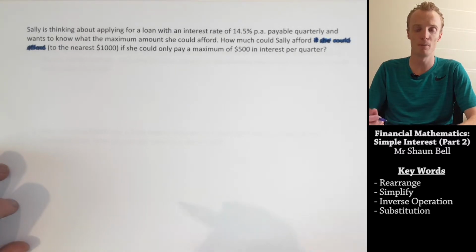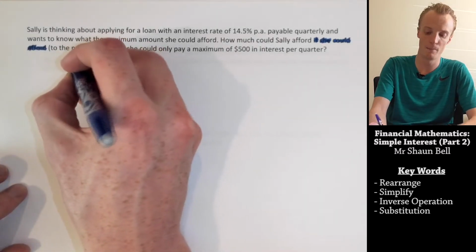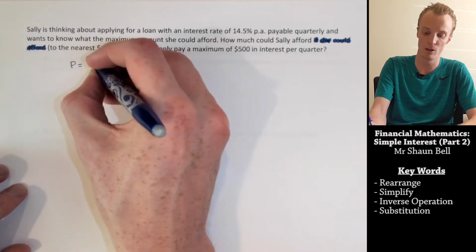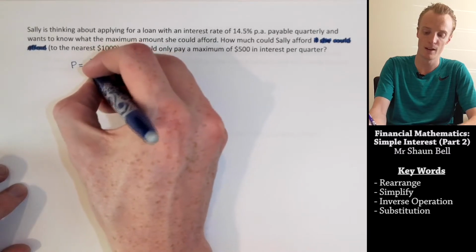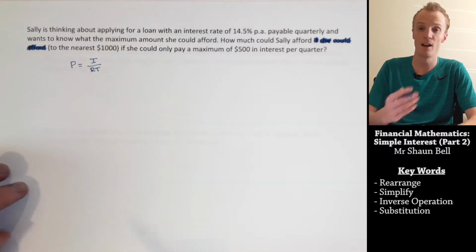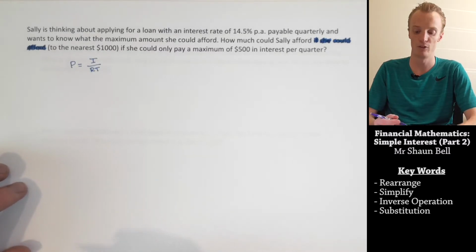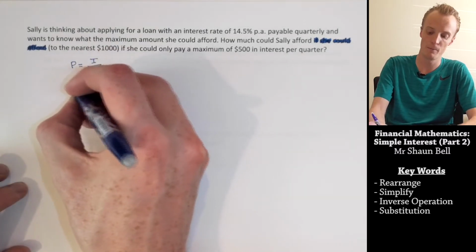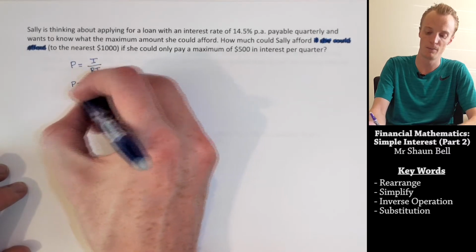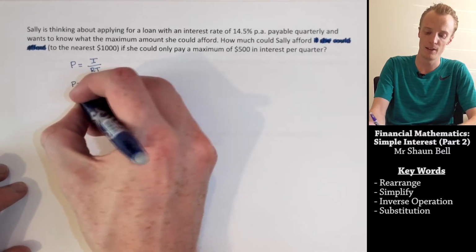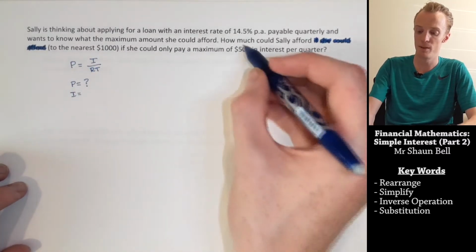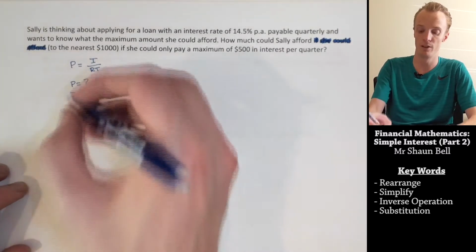Now, I know in this problem that I'm going to be looking for the principal. So I'm going to use the formula where P is equal to I divided by RT. Now, this is still the simple interest formula. It's just been rearranged. Now, my P value, I don't know. The I value here, I know is going to be a maximum of $500.